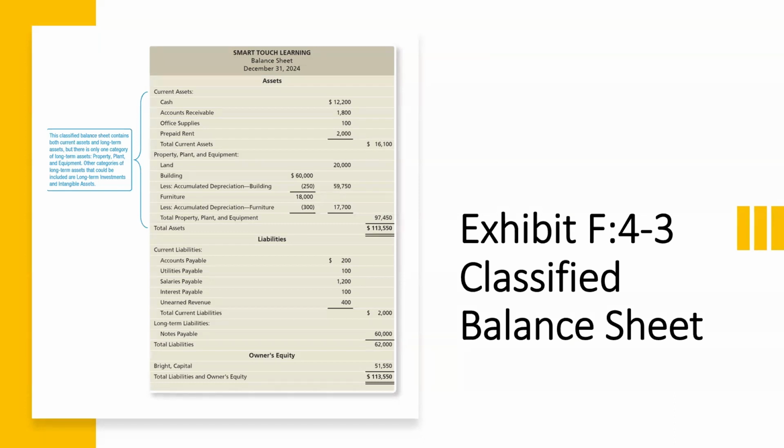So here in this exhibit, you see a report form which lists the assets at the top and the liabilities and stockholders' equity below. Now, this report form is more popular in practice than the account form that you saw in Exhibit 4.2.